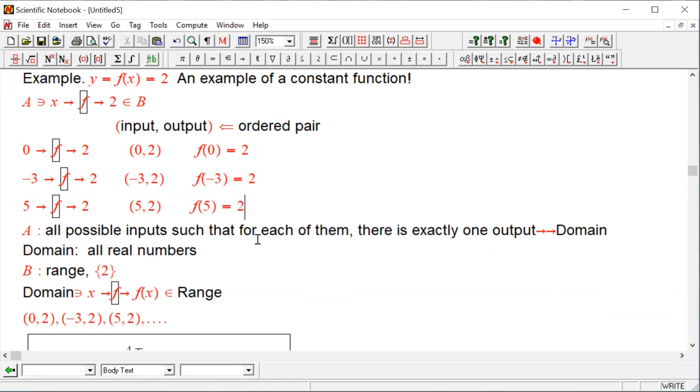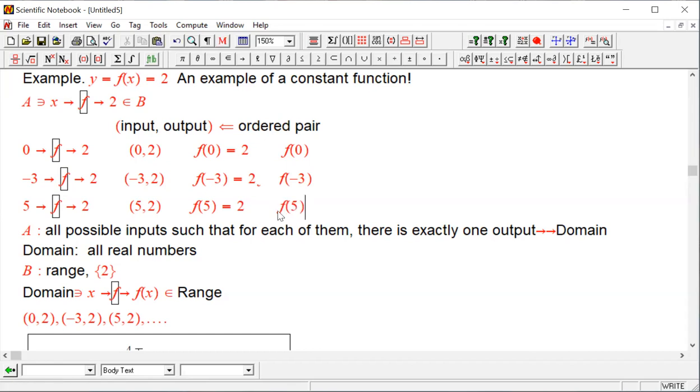Sometimes we don't mention it, we just use f of 0 as the input and output. As you can see, this notation gives us great convenience.